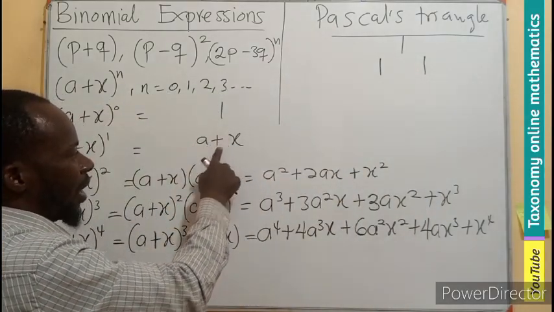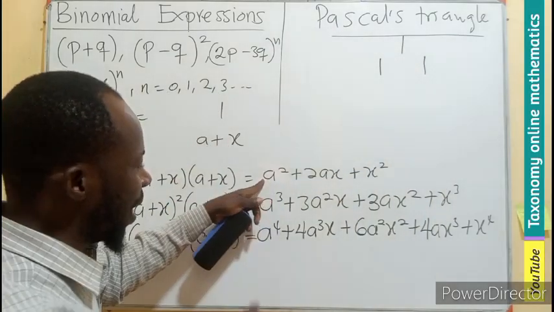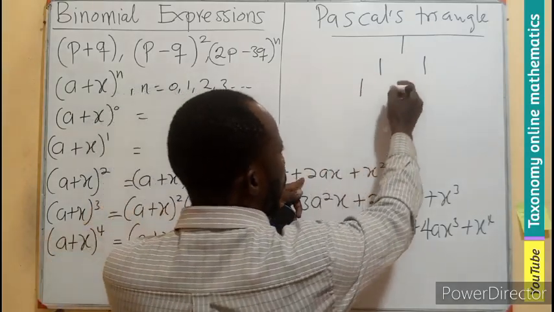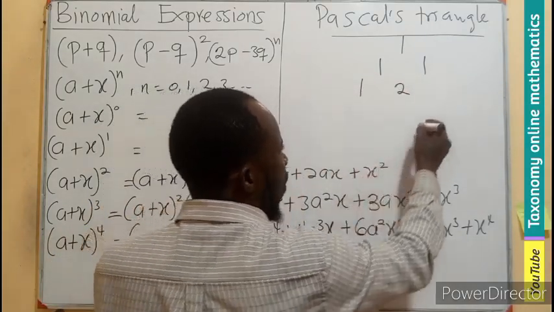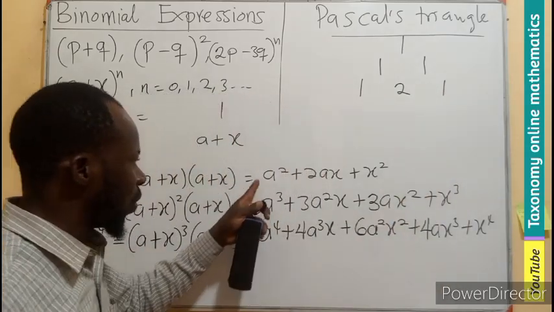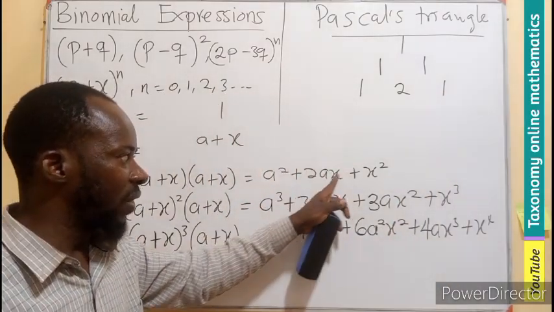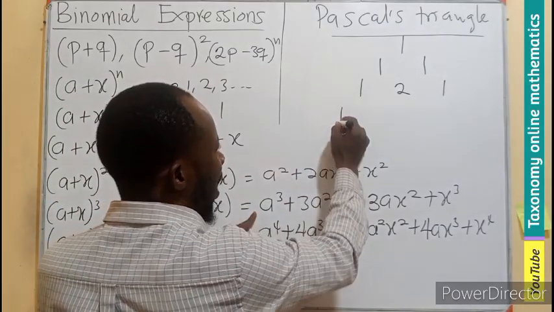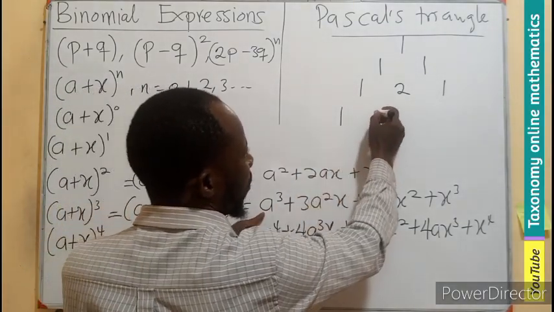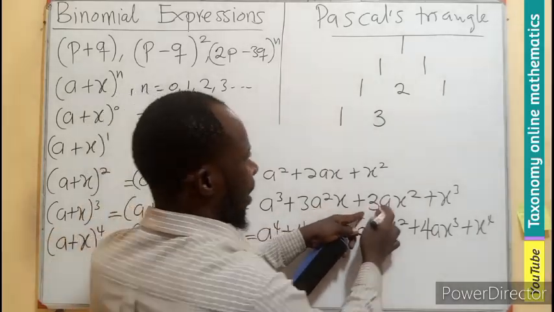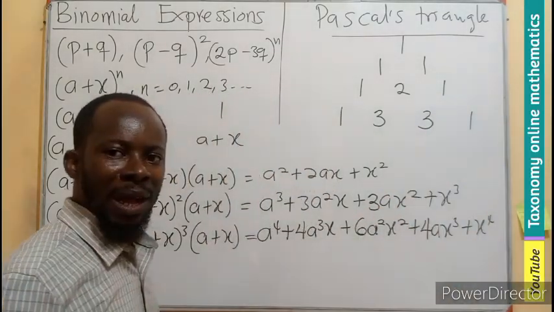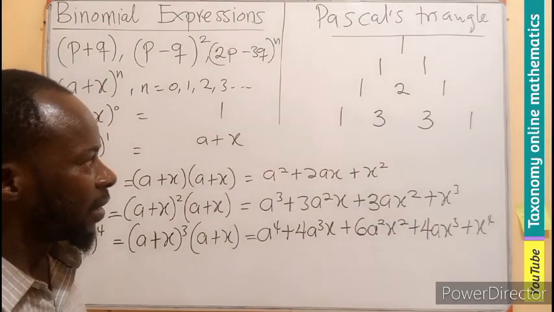Then when we come here, we have 1 coefficient, 2 coefficient, then we still have 1. When we come here, we have 1 coefficient, 3 coefficient, another 3 coefficient, and 1. I believe you are seeing what I'm seeing.